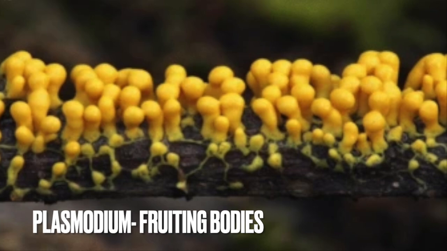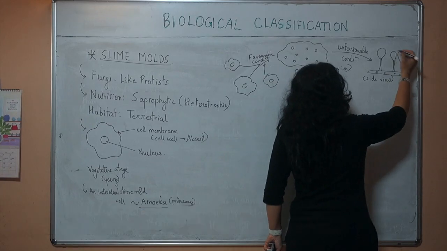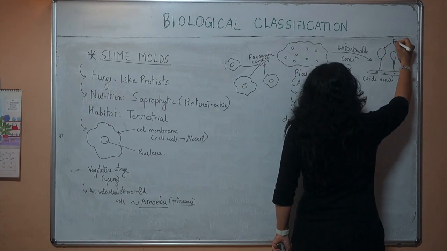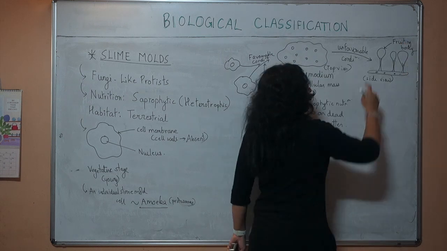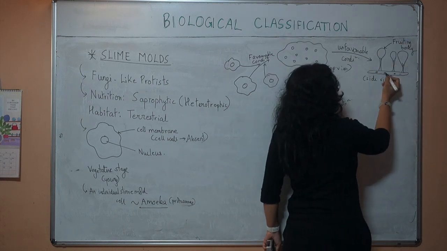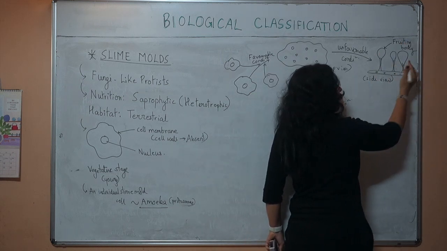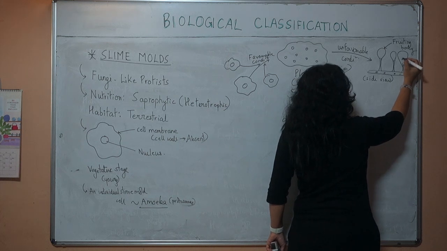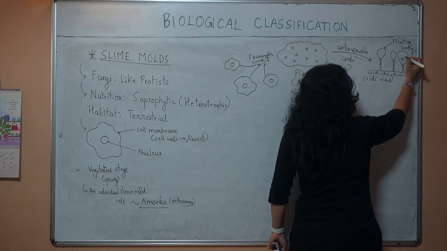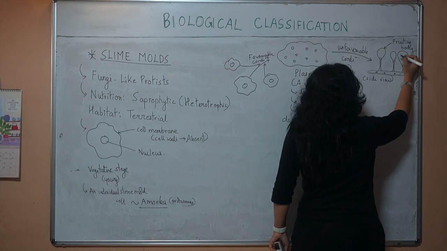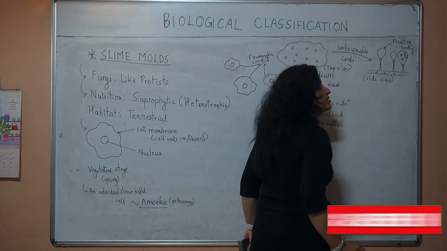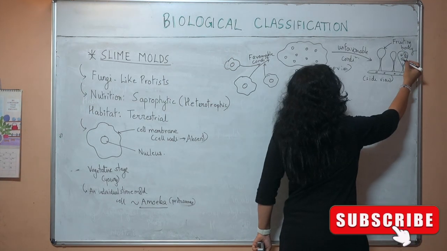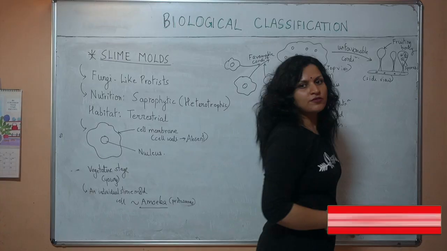These structures are known as fruiting bodies, and inside these fruiting bodies you will see individual slime mold cells, but they will be bound by a wall. Individual cells will be bound by a cell wall over here. These are called spores.